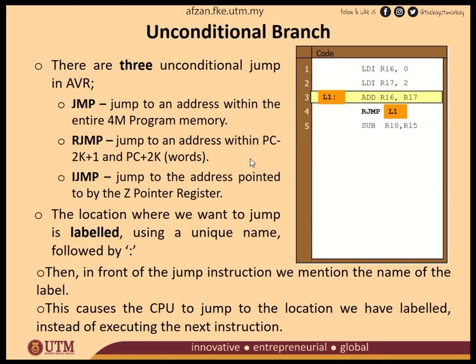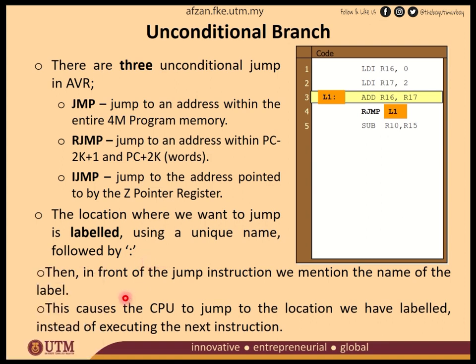Okay, first let's look at the unconditional branch. We have three unconditional jump or branch instructions in AVR: JMP, RJMP and IJMP. The location where we want to jump is labeled using any label or name that you want, followed by a colon.